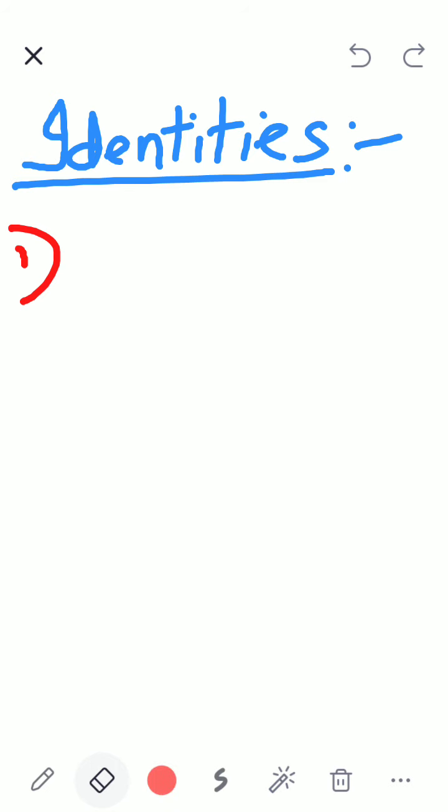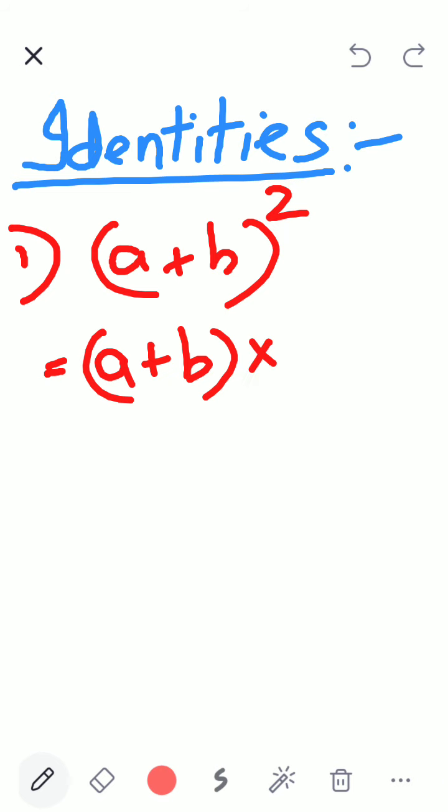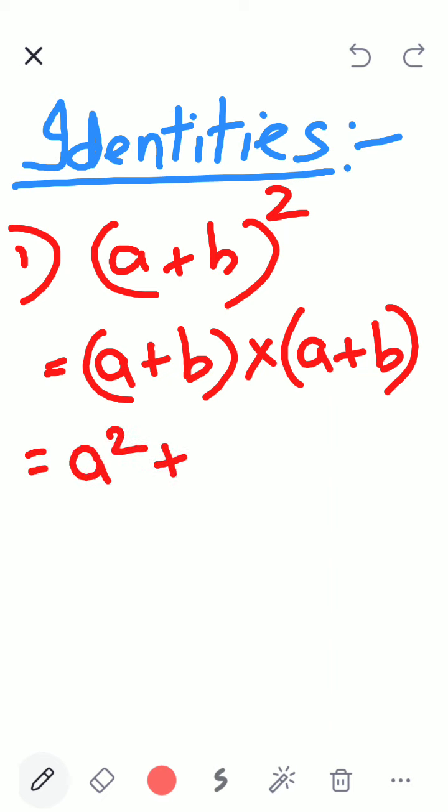The first identity, children, is a plus b the whole square. It means a plus b multiplied by a plus b, correct? Is equal to a square plus b square plus 2ab. Remember this by heart.